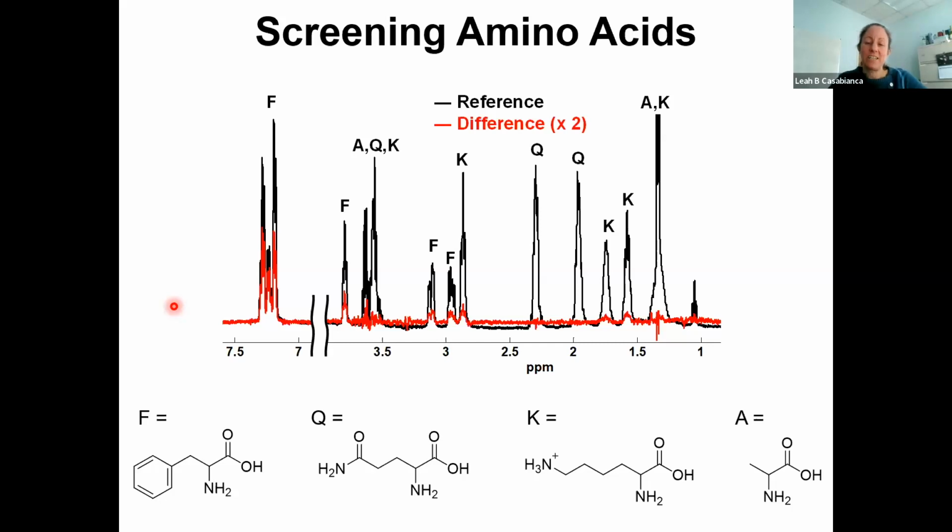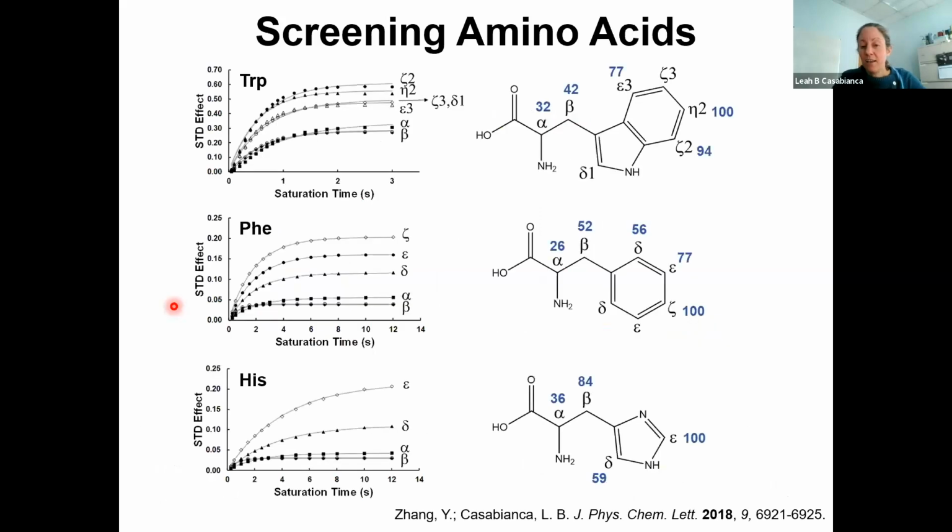So by looking at this, we're actually able to get information about our nanoparticles and the surface and the porosity of these nanoparticles. And indeed, looking at the other aromatic amino acids, we saw that the highest initial slope of the STD buildup curve was always in the aromatic group. In general, the aromatic protons had a higher initial slope of the STD buildup curve than the alpha and beta protons.